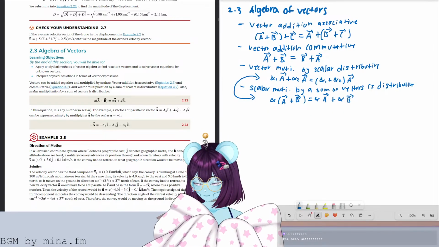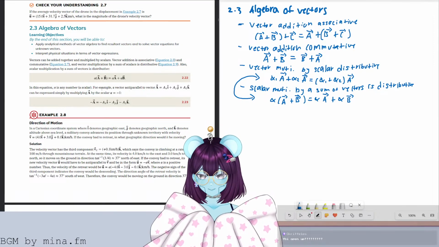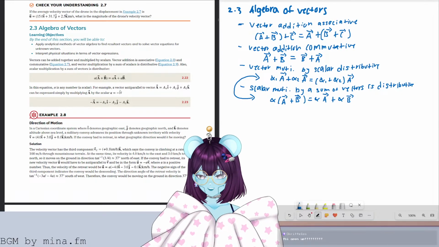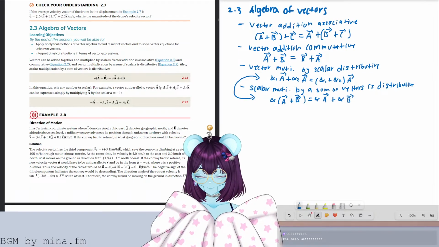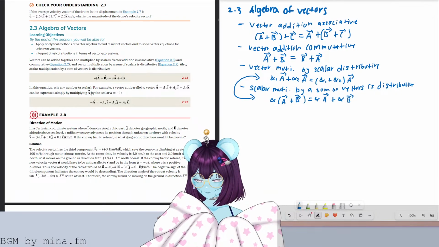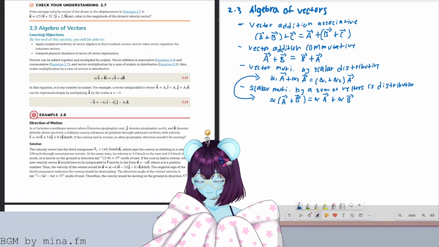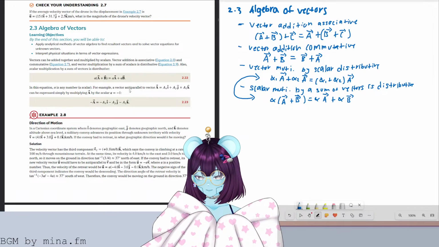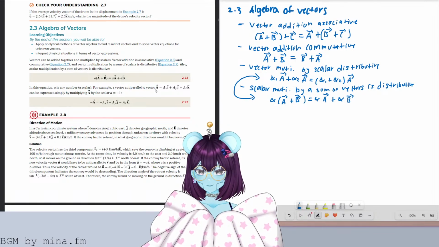In this equation, a is any number, a scalar. For example, a vector anti-parallel to vector A can be expressed by simply multiplying the A vector by the scalar -1. So an anti-parallel vector is just multiplied by -1.